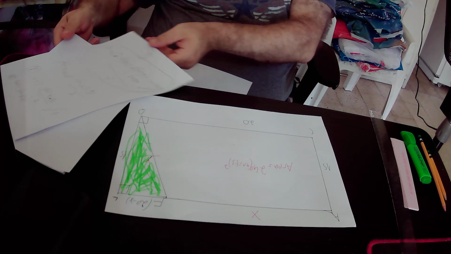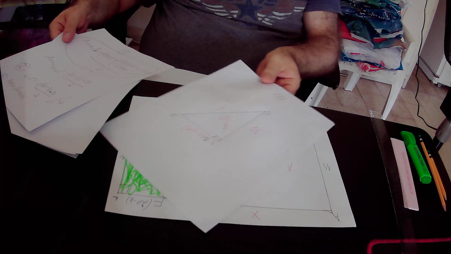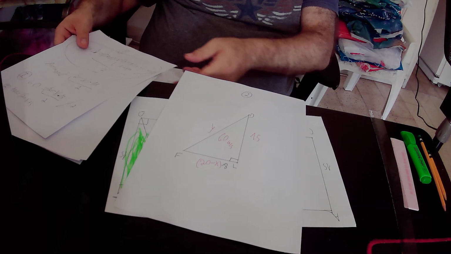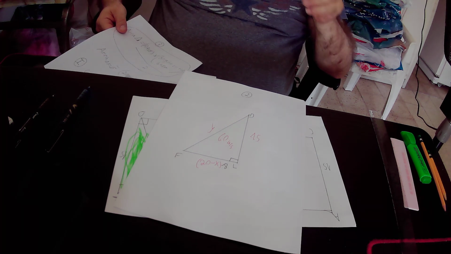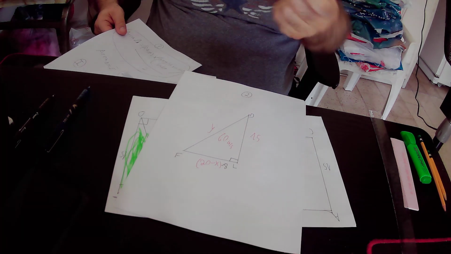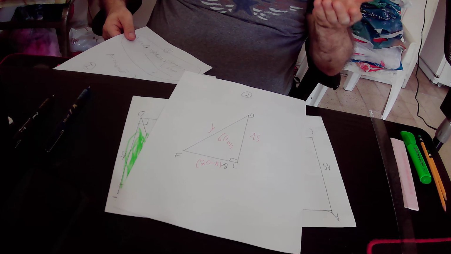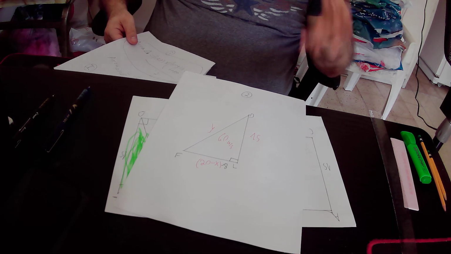So actually we can return to our triangle. Now we know that x equals 12 units. So the size of FL is 20 minus x. 20 minus x is 20 minus 12, that is 8.